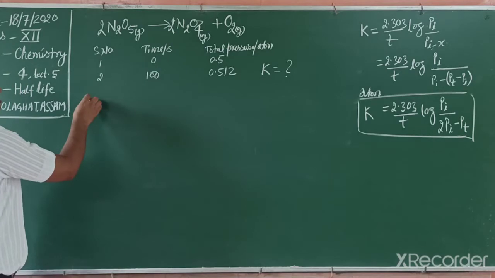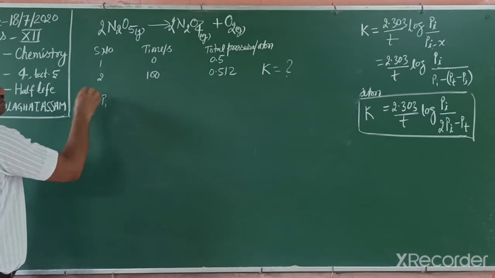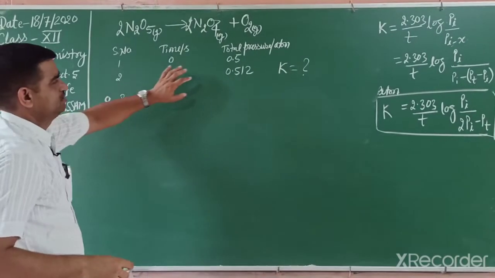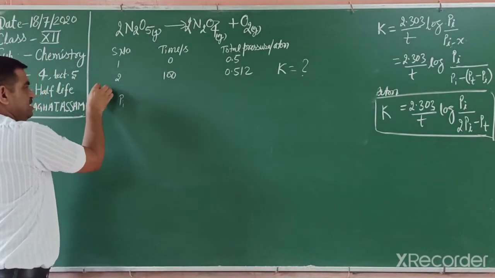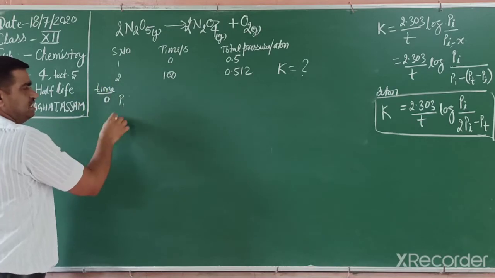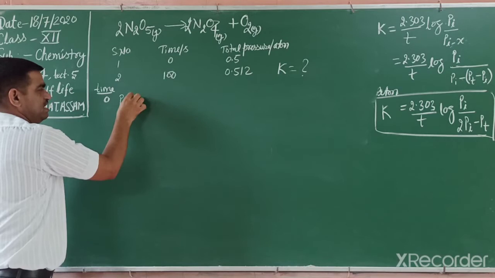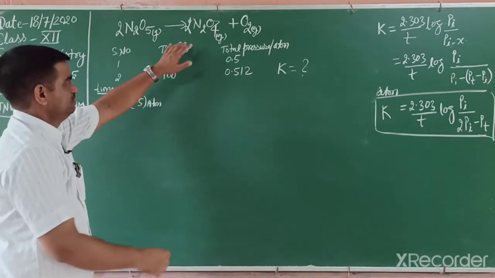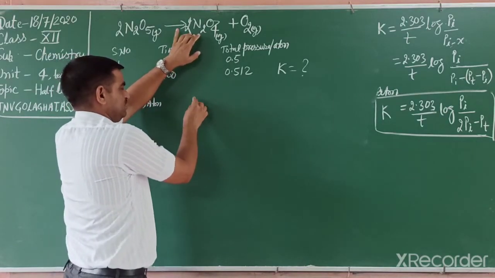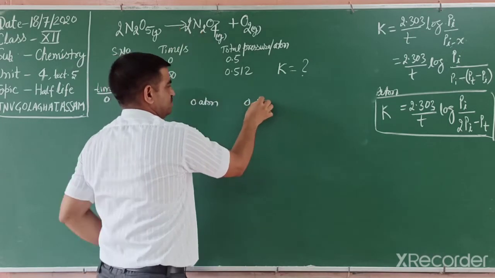Students, at time 0, the initial concentration is Pi, which we can write as 0.5 atmosphere. And the products are not formed, so they are 0 atmosphere.